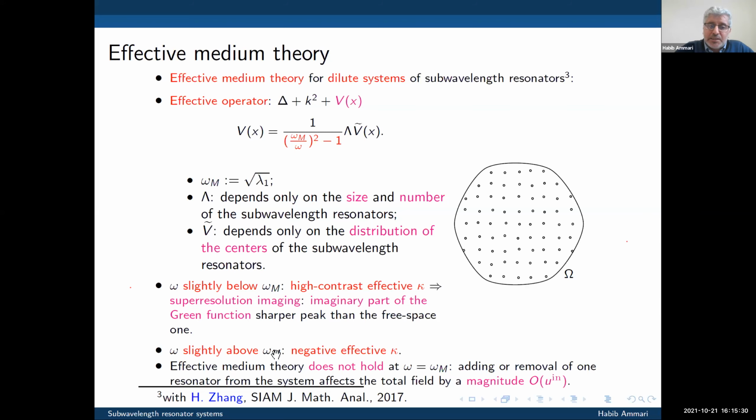When omega is slightly above omega m, the medium now has negative effective kappa. Of course, the effective medium theory does not hold when omega is exactly equal to omega m, because adding or removal of one resonator from the system affects the whole field, the total field, by magnitude of order one. So there is no limit when the number of resonators goes to infinity.